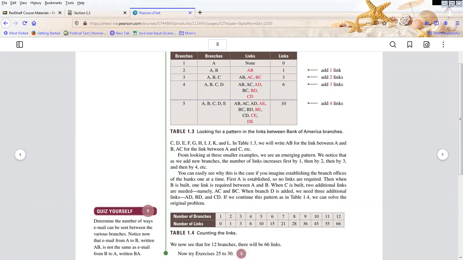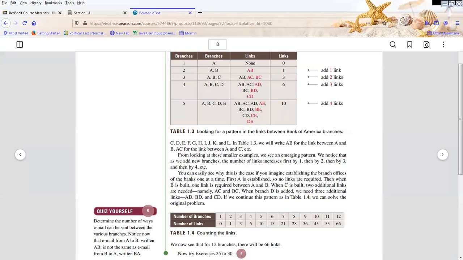So a link from A to B is just one link. But when we have branches A, B, and C, now you have a link from A to B, a link from A to C, and a link from B to C, looking at table 1.3. So since they've already deduced that at 12 branches we'll have 66 links, considering now the links are one directional, A to B is different from B to A, then we just double the amount of links that we have.